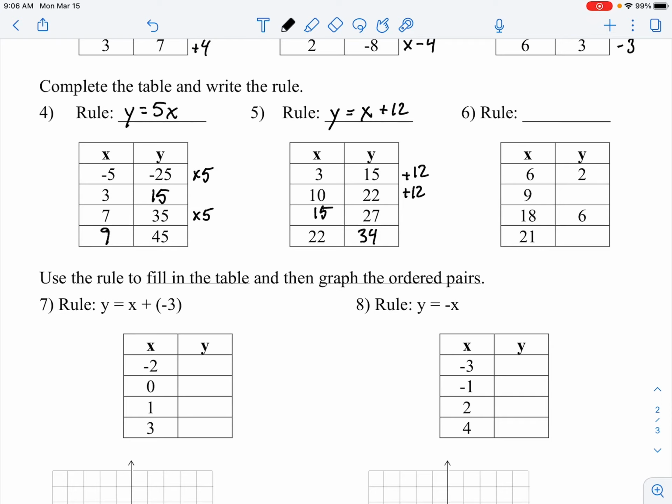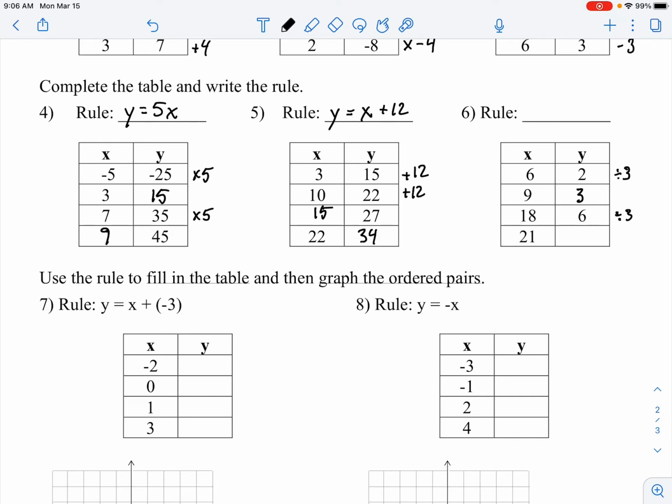All right, so remember multiplicative rules can be also dividing, because dividing is multiplying by the upside down thing, basically. So getting from 6 to 2, divide by 3. And 18 to 6 is divide by 3, so that matches.